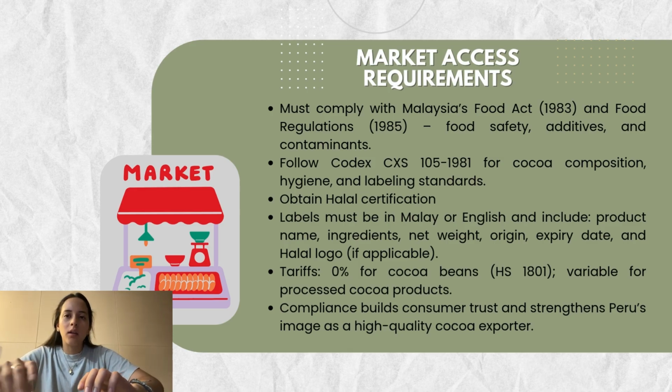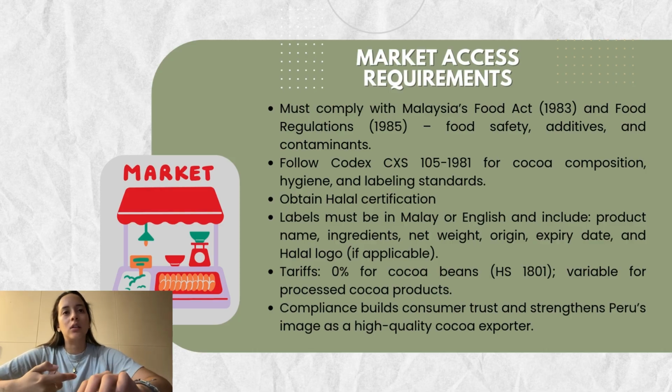And now, regarding market access requirements, to export Peruvian cocoa to Malaysia, companies must comply with several regulatory requirements that ensure product safety, quality, and, most importantly, respect for local standards. First, cocoa products must follow Malaysia's Food Act 1983 and Food Regulations 1985, which set rules for food safety, contaminant limits, permitted additives, and storage conditions.